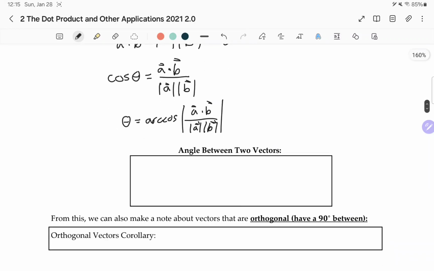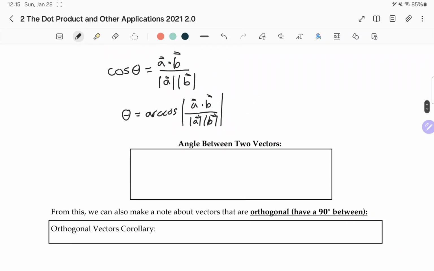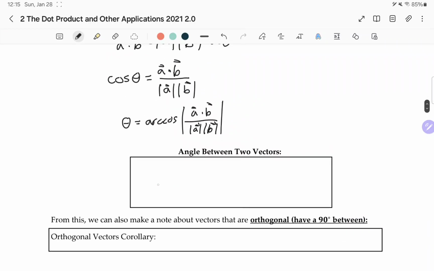So these are really important to know. And I'm just going to put this in here. So just to really emphasize this, cosine theta is equal to the first one dot product the second one over their magnitudes. And this is quite important to remember.